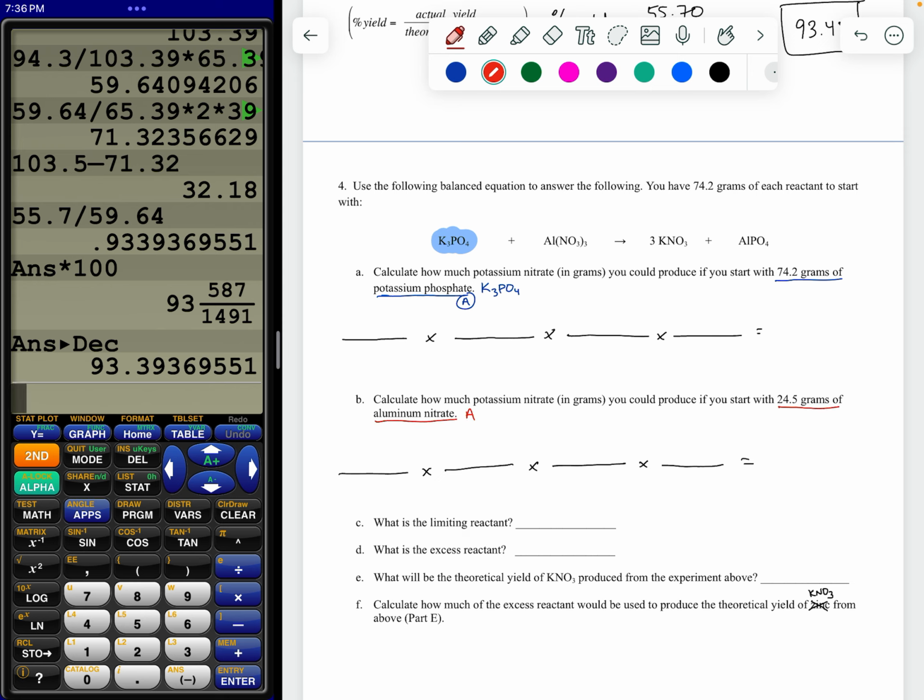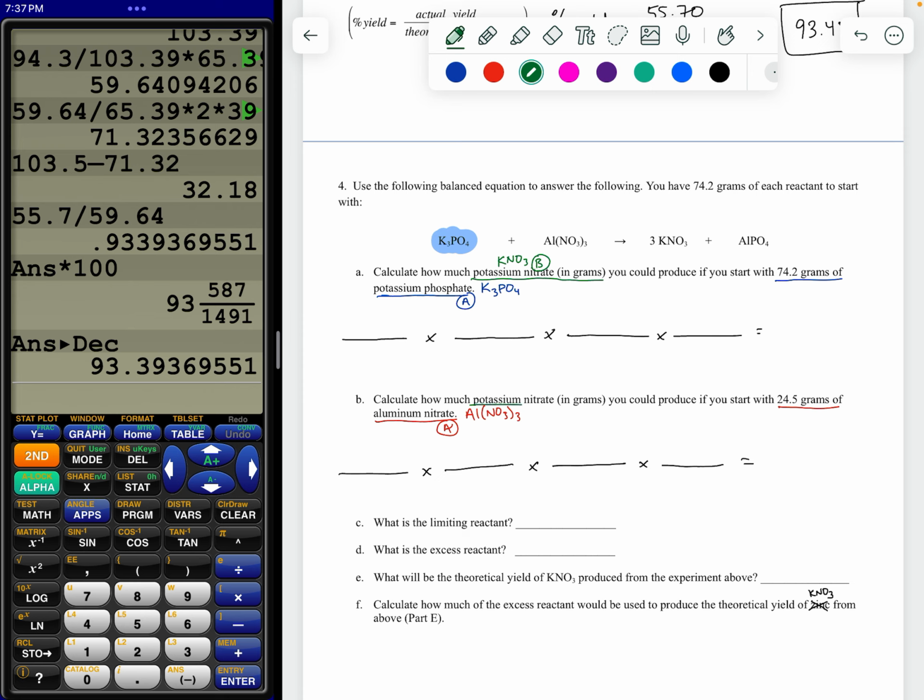Aluminum nitrate is the other reactant, which is our aluminum and 3 nitrates. That is A down here. And then it tells you that we are evaluating potassium nitrate in grams. And so potassium nitrate is KNO3.